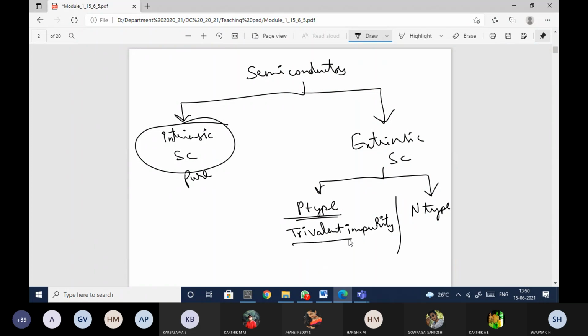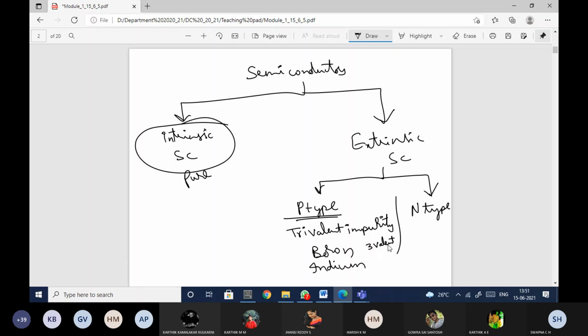The number of electrons present in the outermost shell of the atom will be only 3. Some examples are boron, indium, and so on. All these atoms will have 3 valence electrons.